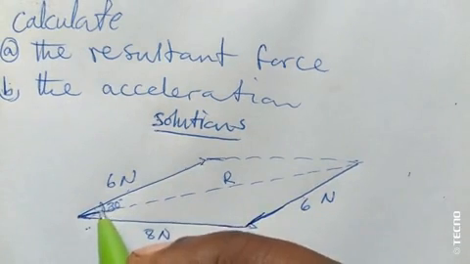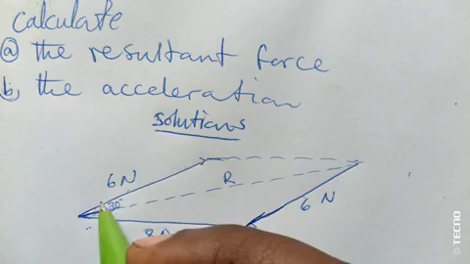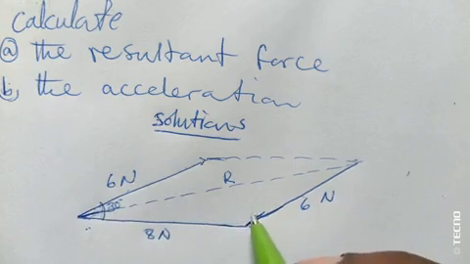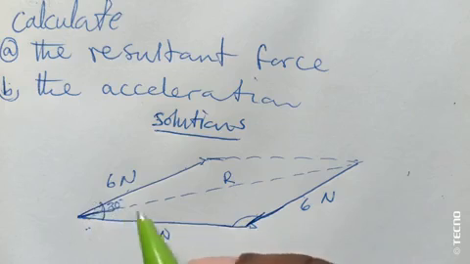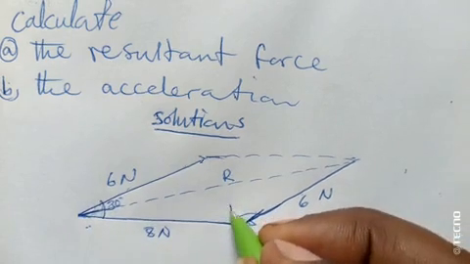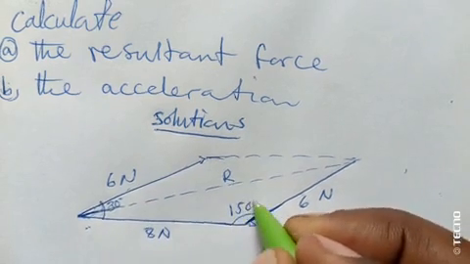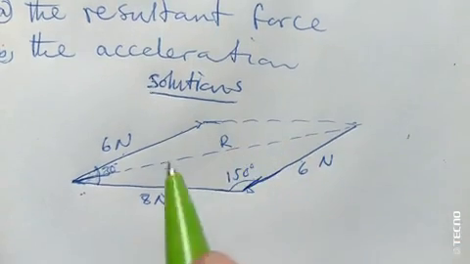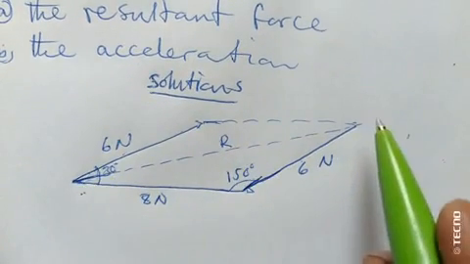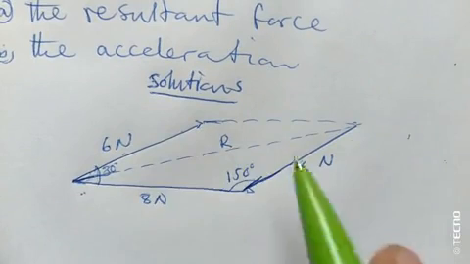So we know that when you add this angle and this angle here, you get 180. So you subtract 30 from 180. There you're going to have 150 degrees, like that.